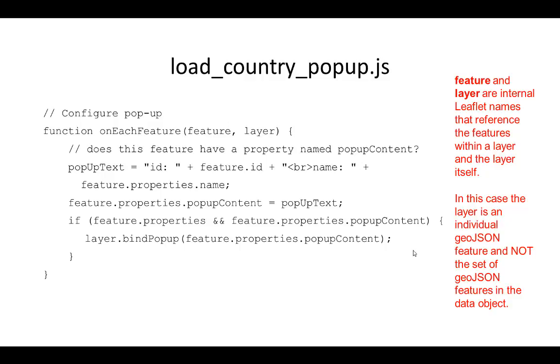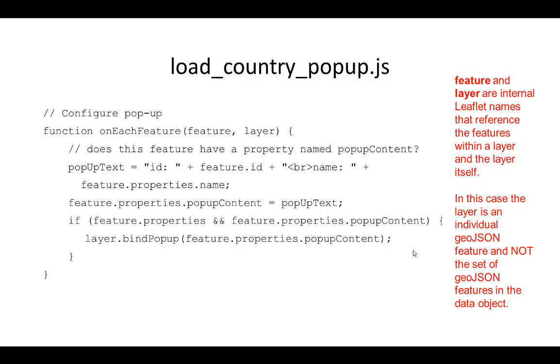Then what this function does is it looks at the feature and it says, right, okay, first of all we're setting a pop-up text, and our pop-up text is going to be what we saw before: string ID, then the feature ID value, the value of the ID field for each country.